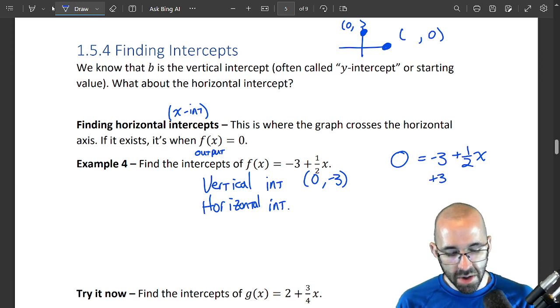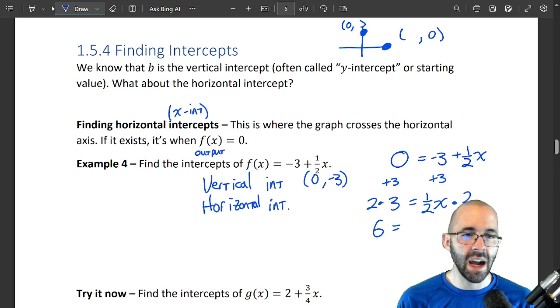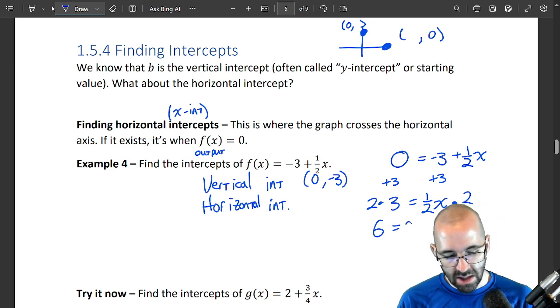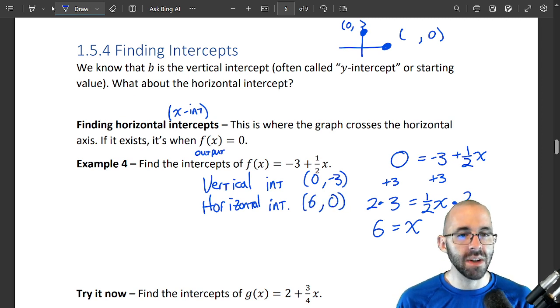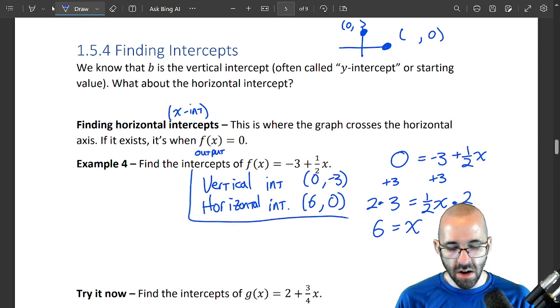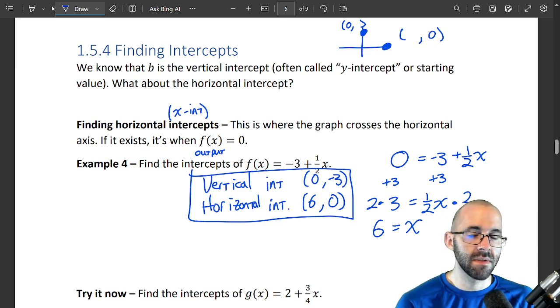So we can add 3 to both sides. We get 3 is equal to 1/2 x. And then we can multiply both sides by 2. The left-hand side is 6, and 1/2 of 2 is 1. We get that x is equal to 6. So the input is 6 and the output is 0. These are our two intercepts for this function.